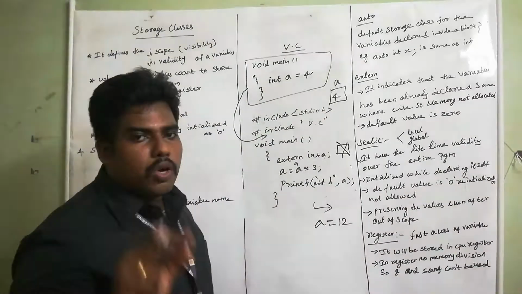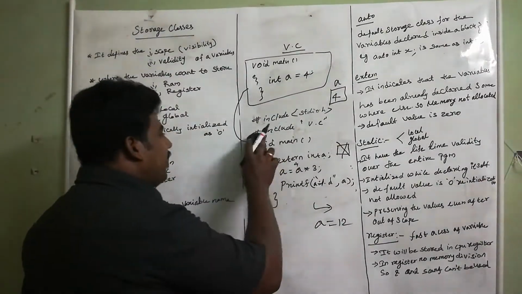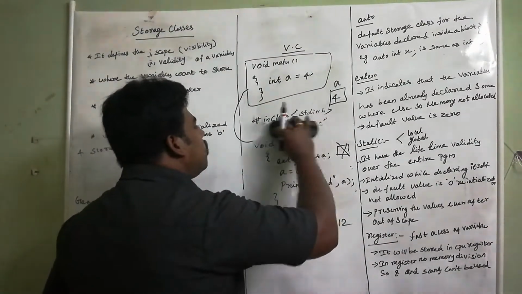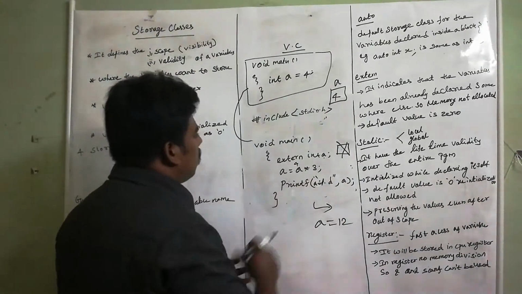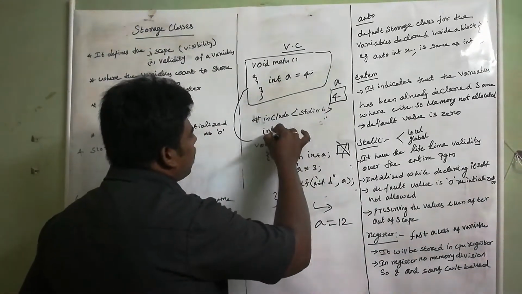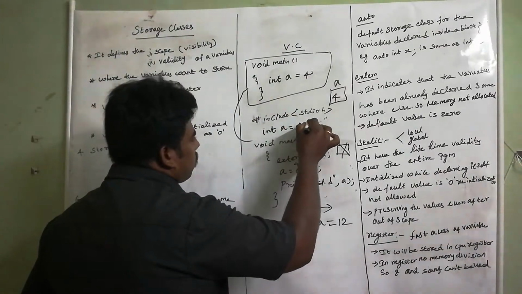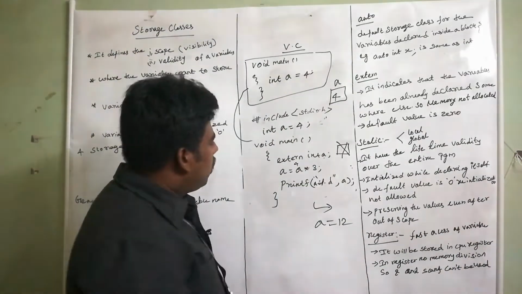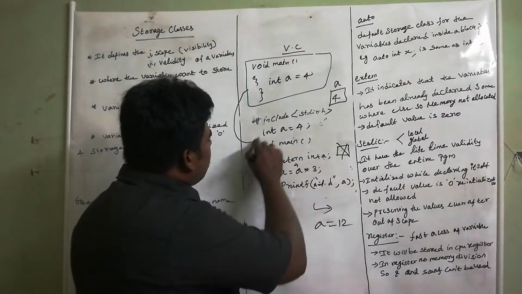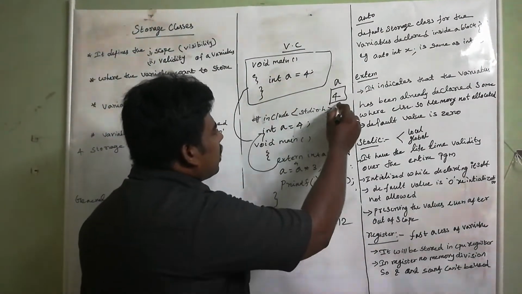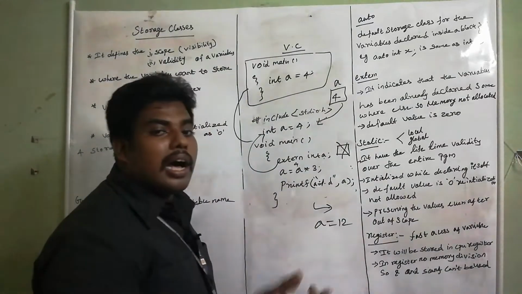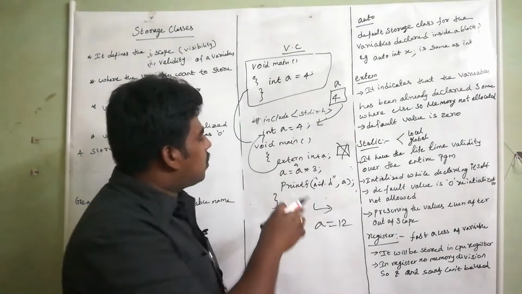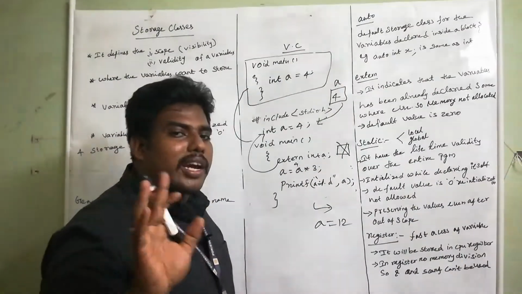All of you understood what is extern? Instead of this you can write like this also. Globally you can declare int a = 4, and then you can use extern. That means the memory was already allocated, so no need to allocate the memory again.